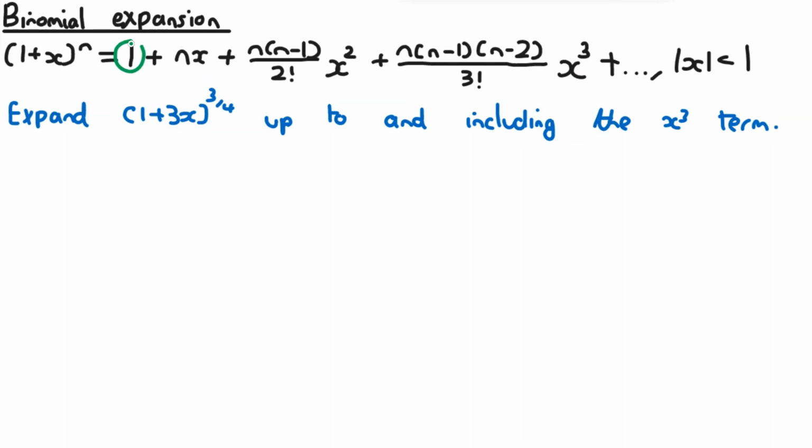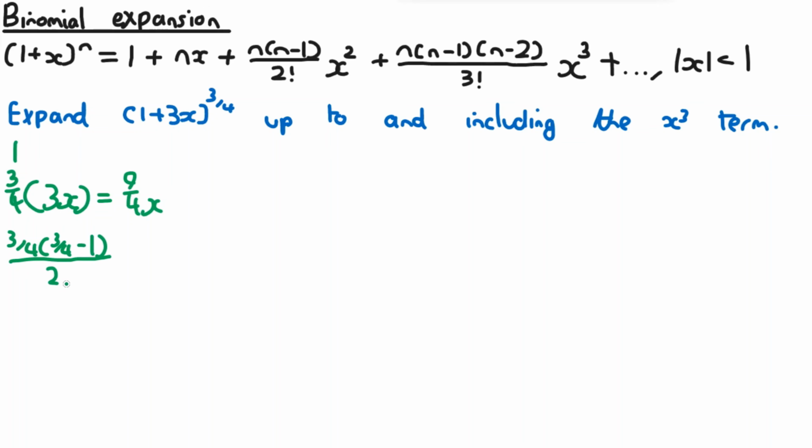If we do this, the first term is still just going to be 1, then the second term is going to be nx, so it's going to be 3 over 4, because n is equal to 3 over 4, times x, and we sub 3x in as x. If you simplify it, 3 times 3 is equal to 9 over 4, x.